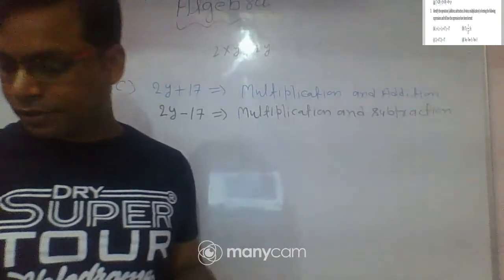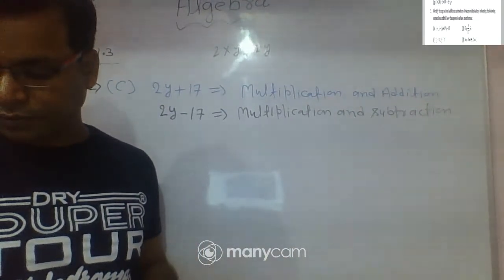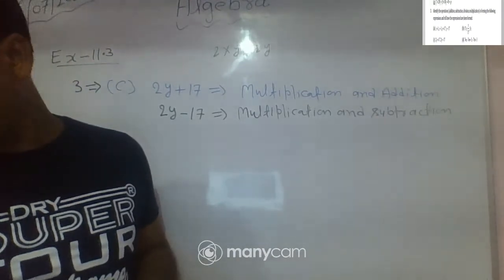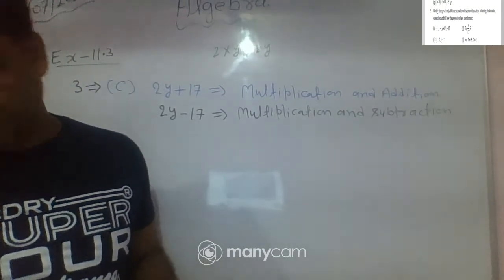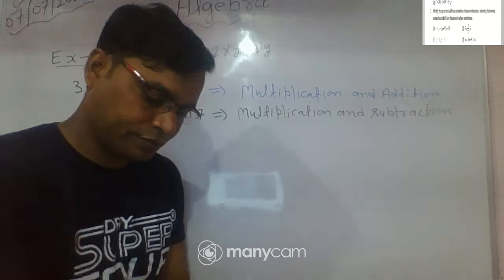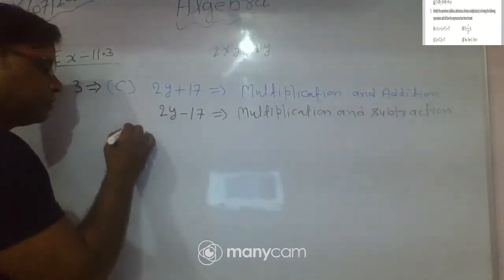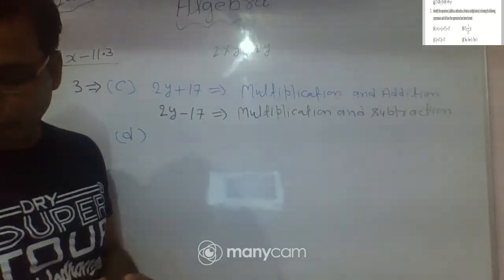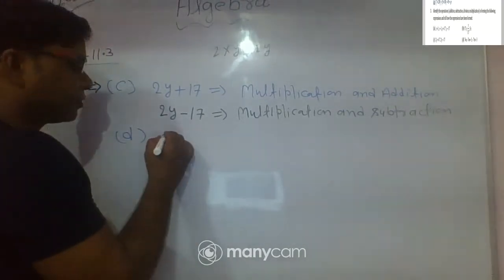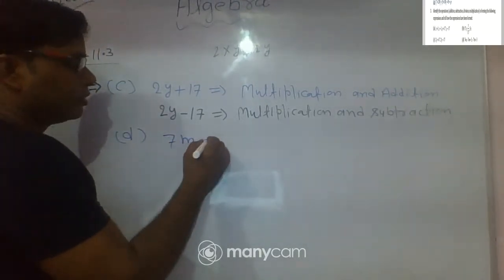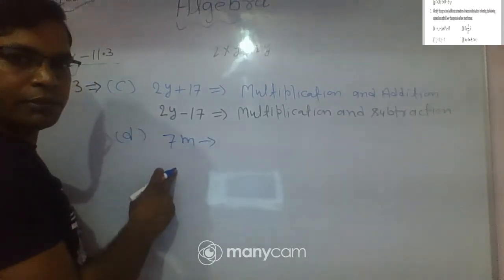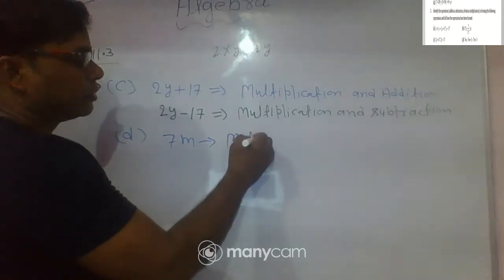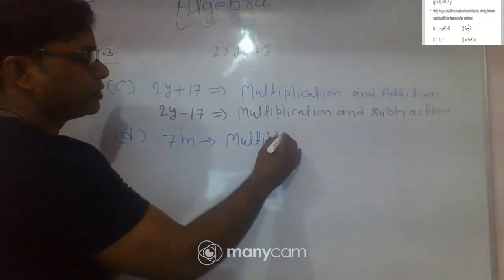Okay. And next part, D part. What is the D part? D part is 7m. So which arithmetic operation did you use here? Multiplication only. Multiplication.